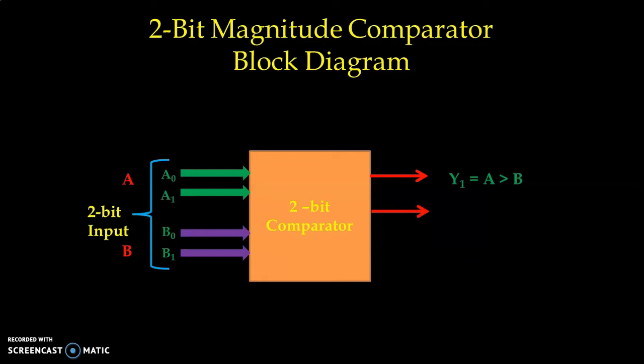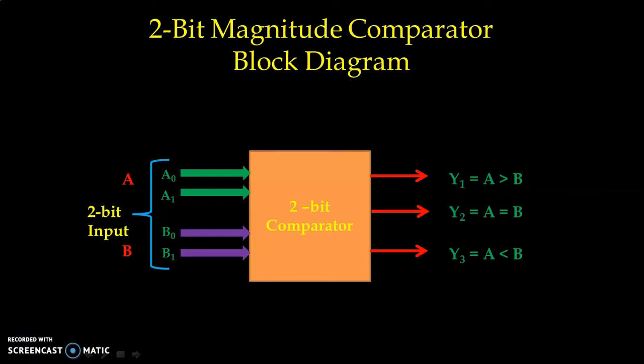Same way, we have another output, that is Y2, and the condition is A is equal to B. And the third possible output is Y3, for A is less than B. So at the output side we have 3 different outputs, Y1, Y2 and Y3, and the possible comparisons are A is greater than B, A is equal to B, and A is less than B.